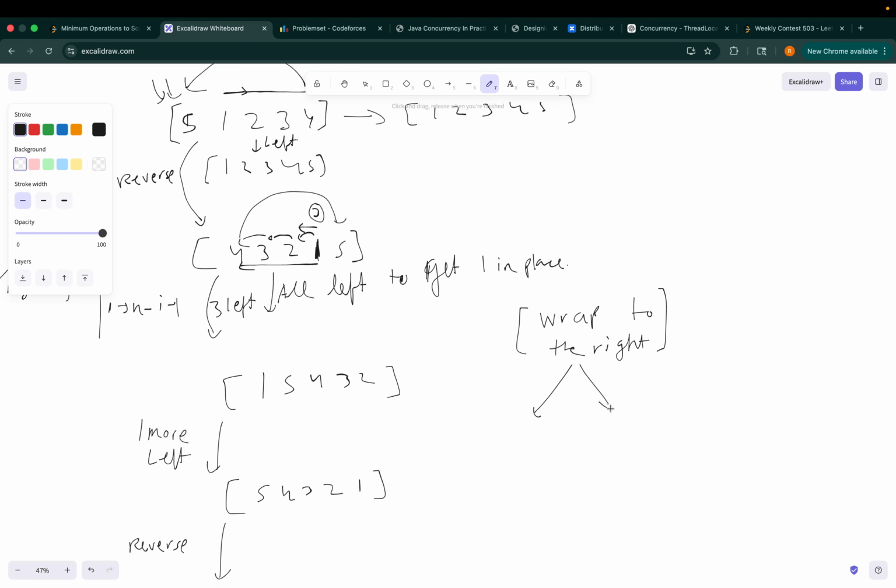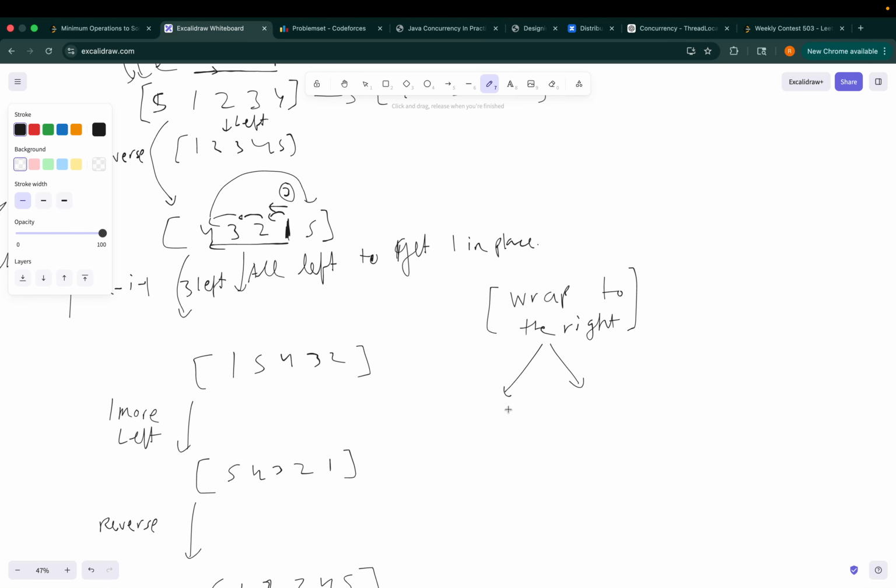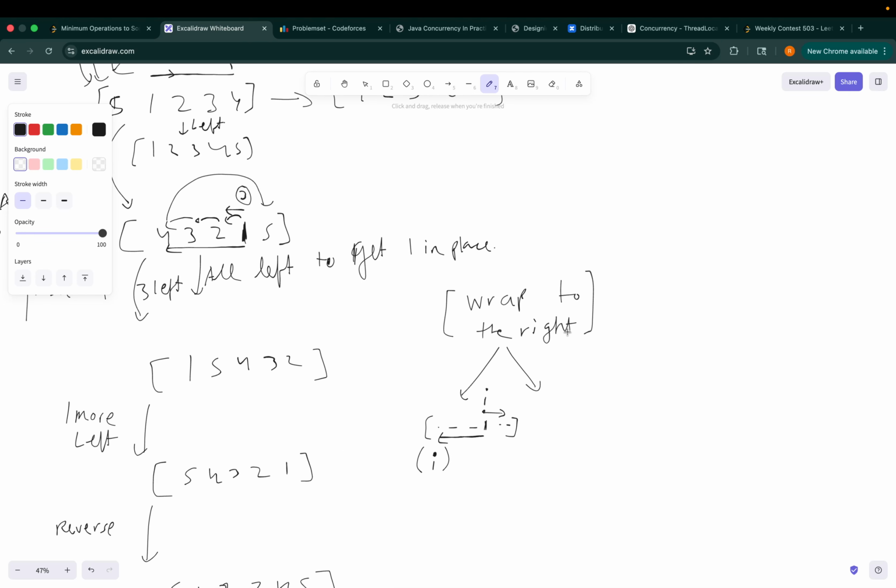Your 1 is lying somewhere and it's wrapping to the right, so it's easy to just rotate to the left from the index. Let's say 1 is at I, so you can do I rotations to the left. Or we can spend one operation reversing the array.